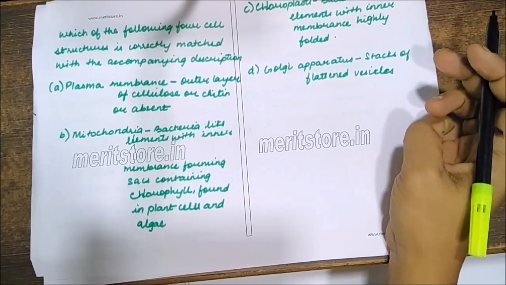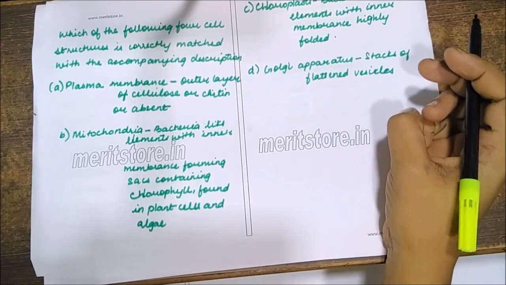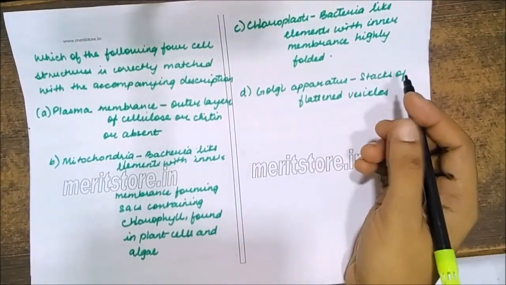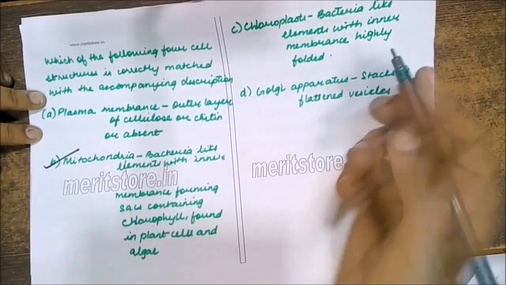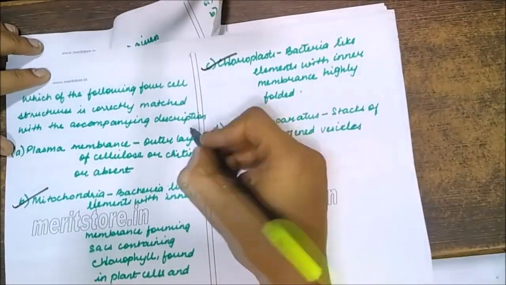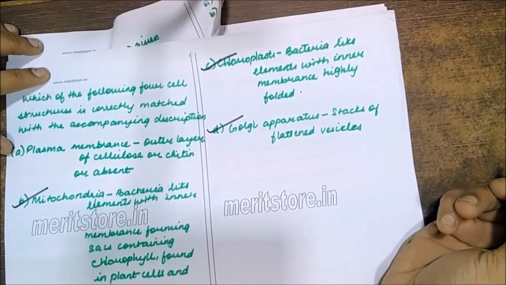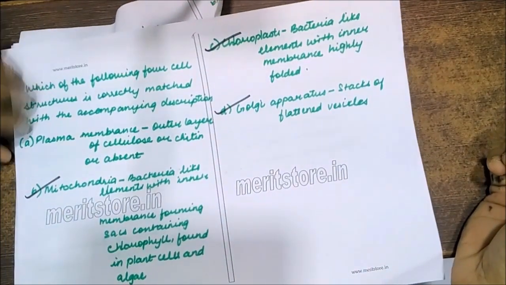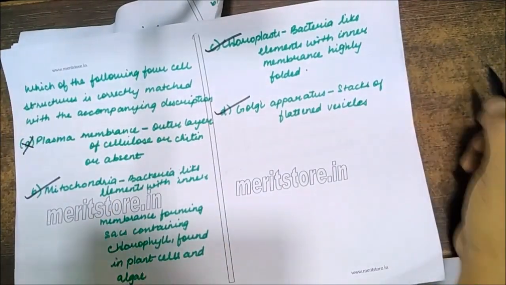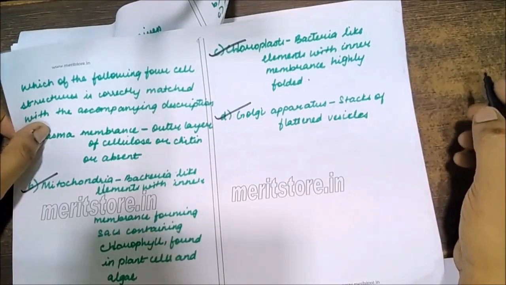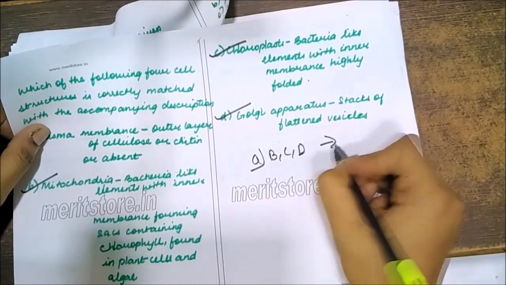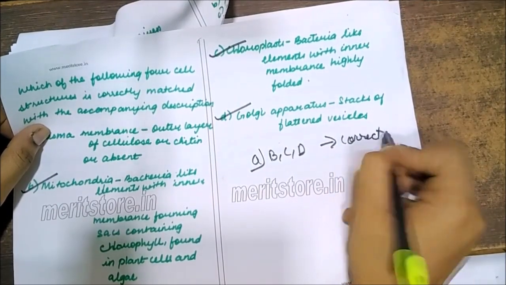Out of these, B statement is correct, C statement is also correct, and D statement is also correct. Plasma membrane outer layer of cellulose or chitin is absent, wrong statement. So the correct option would be A, which says B, C, and D are correct. Next question.